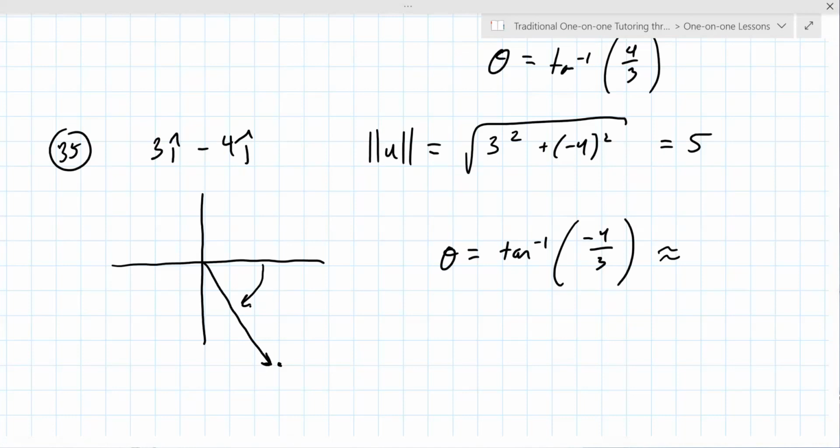Negative 53.1. So that's your answer right there, negative 53.1 degrees. It's going this way. You may want to look at your notes, because there are certain physical problems where you would never give a negative angle, but that is the correct answer here. Got it.